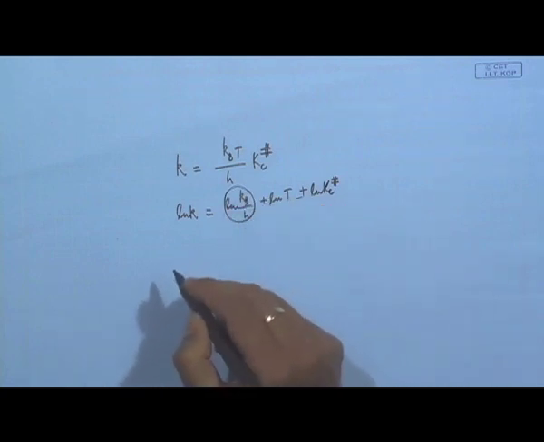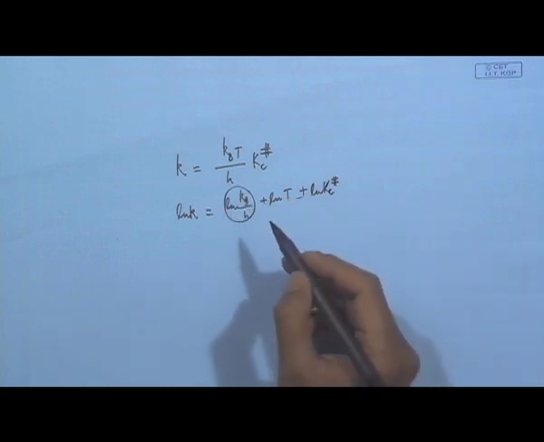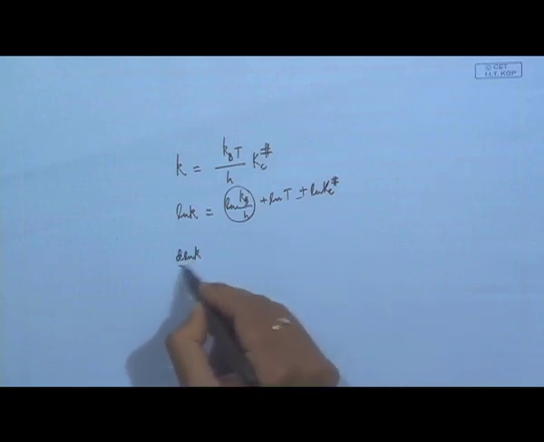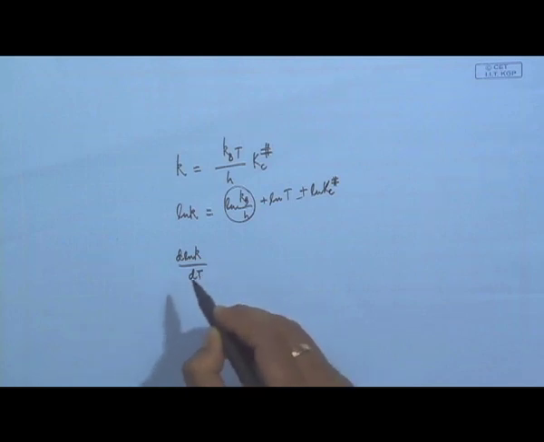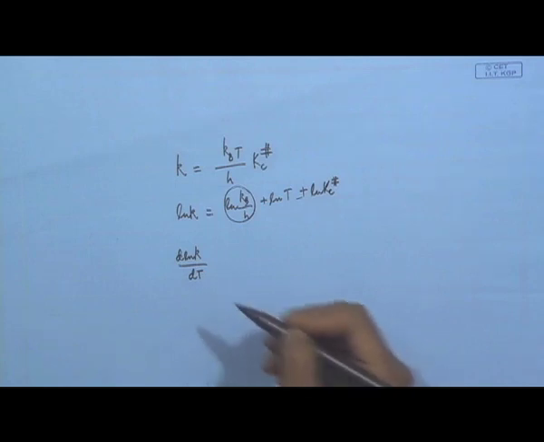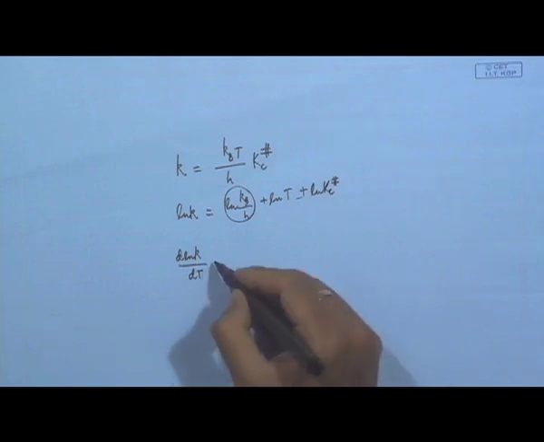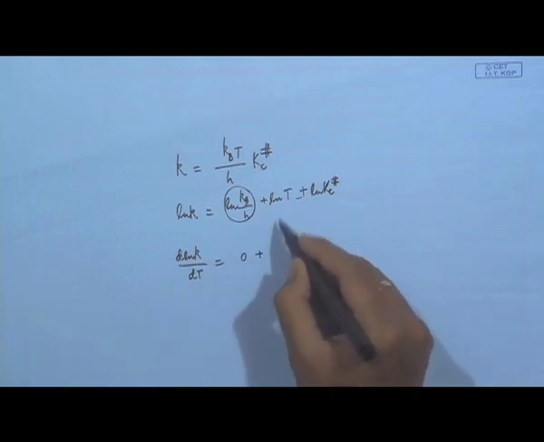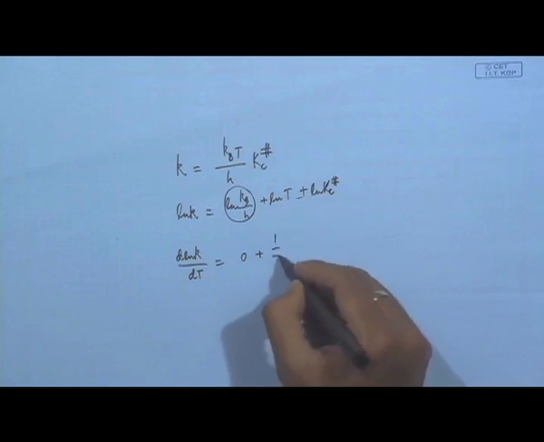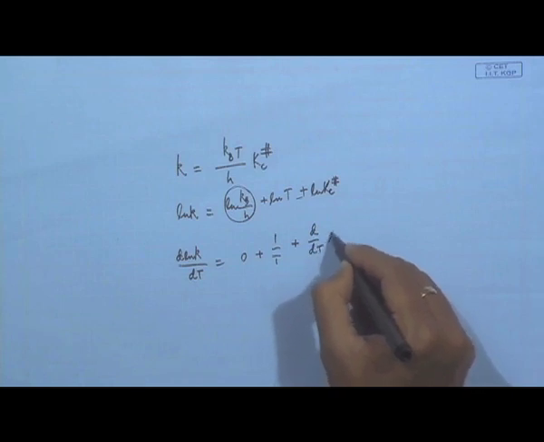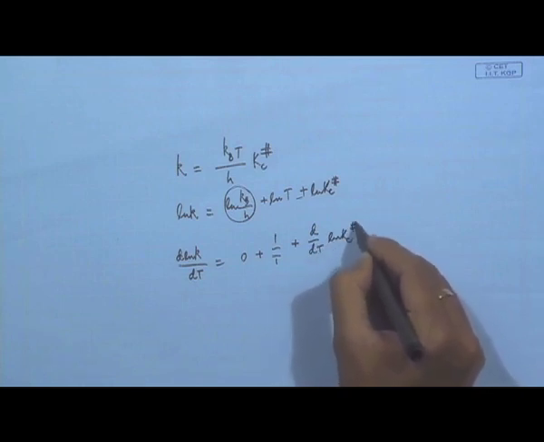If we differentiate with respect to T, the temperature, because we will ultimately compare this with the well-known Arrhenius equation, then d ln k dT is equal to 0 plus d dT of ln T, which is 1 upon T, plus d dT of ln Kc double dagger.